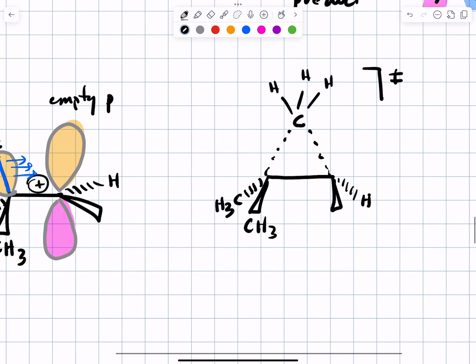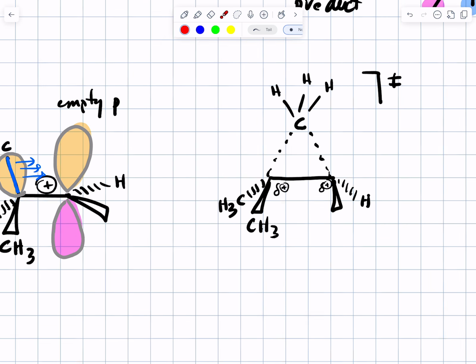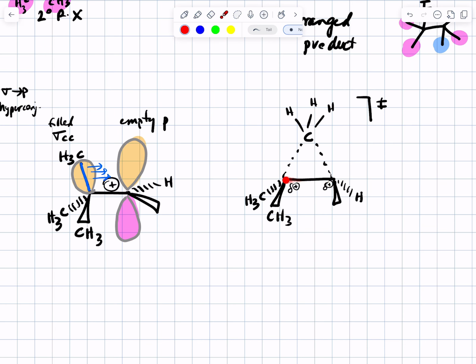There's actually some evidence that in some cases this is actually an energy minimum, where you have three atoms, the two atoms that are here and then the methyl group, that are each sharing 3 electrons, almost as though, if you were to sort of draw what the orbital looked like, almost as though the 2 electrons are kind of like a pi bond, and the methyl group is sort of sitting down on the pi bond.